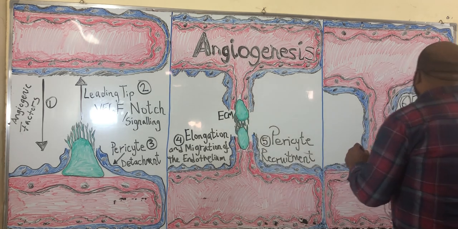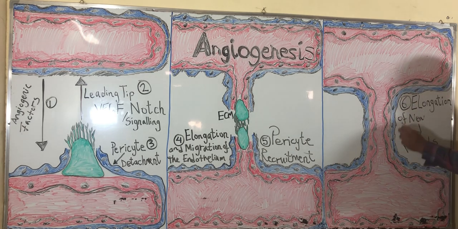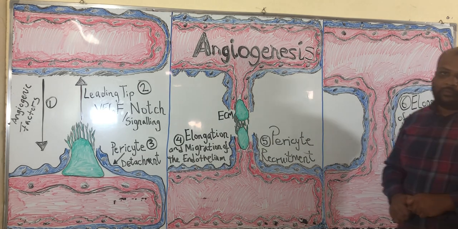Then we would have an elongation of the new blood vessel. This vessel is not intact and is very permeable, and it takes a while for these permeable gaps to close, but now we fully have an elongated blood vessel.